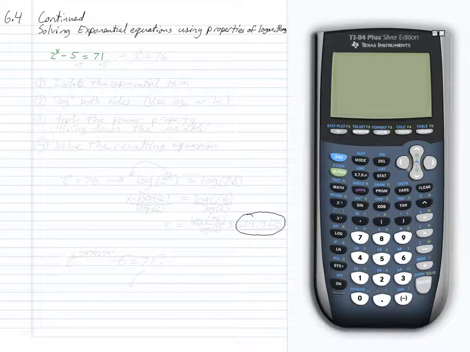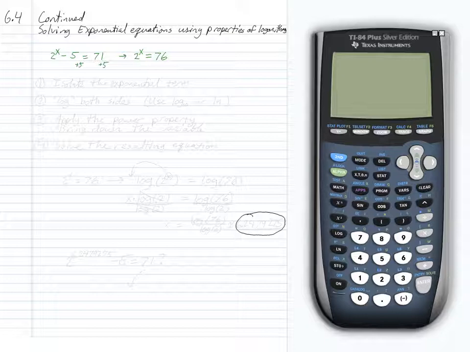In this case, I have a base of 2 to worry about, and if I attempt to solve this using the procedures that we've seen so far, I would move the 5 over and see that our equation becomes 2 to the x equals 76. And since 76 is not a power of 2 that I can conceive of, I would have a very difficult time using the exponential equality property. So we need stronger tools.